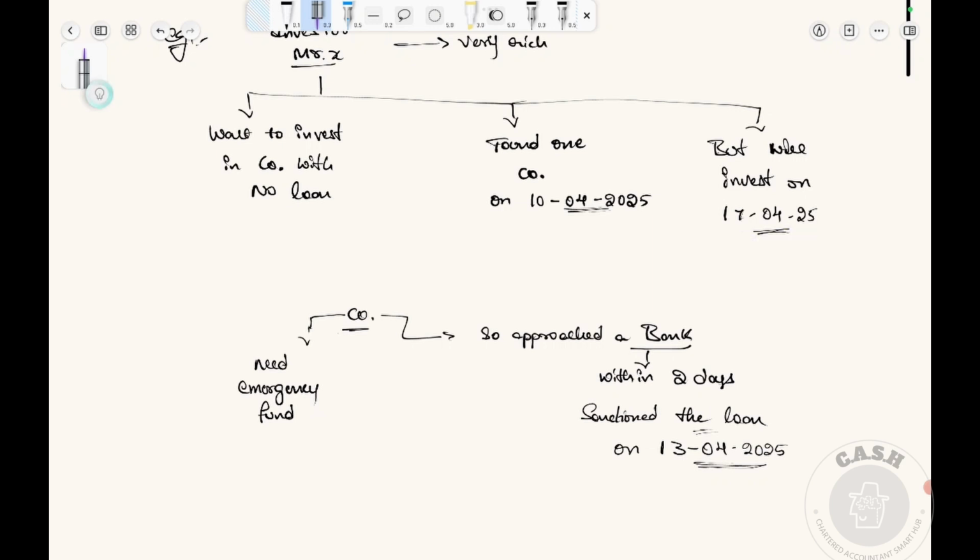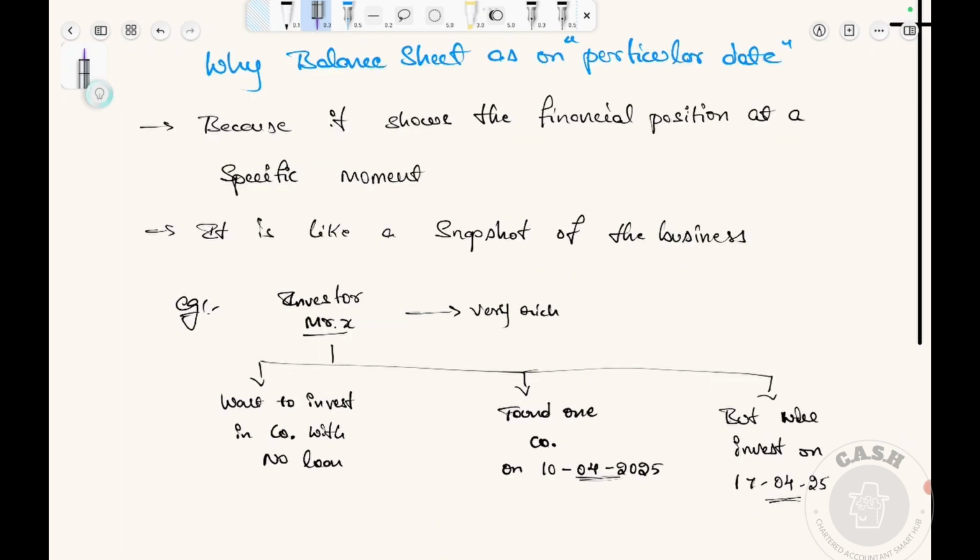If he doesn't check the new balance sheet as on this date, then he will still think the company is debt free and may invest blindly. But if we look into the balance sheet on this date, then his decision may change. He may find the company to be a riskier one. That's why it is like a snapshot of the business.